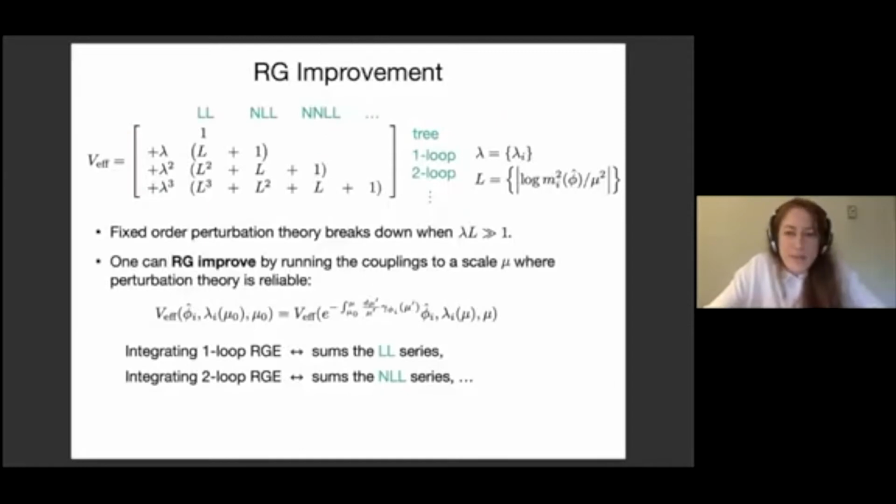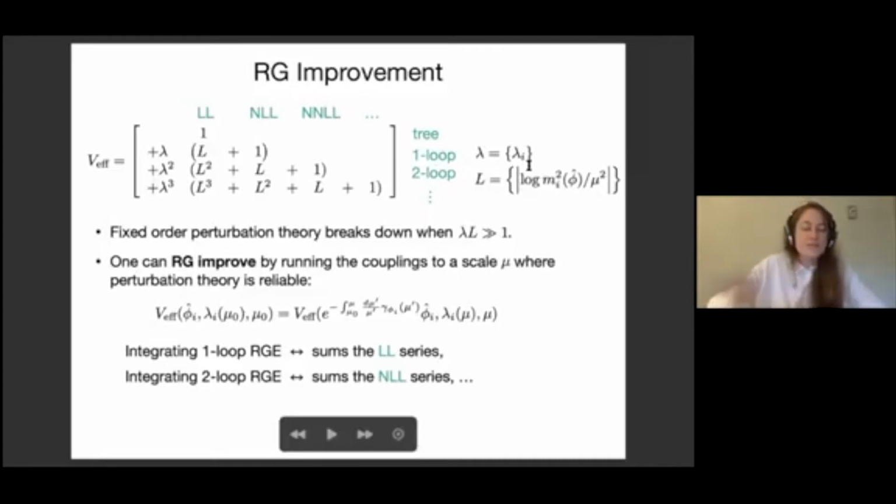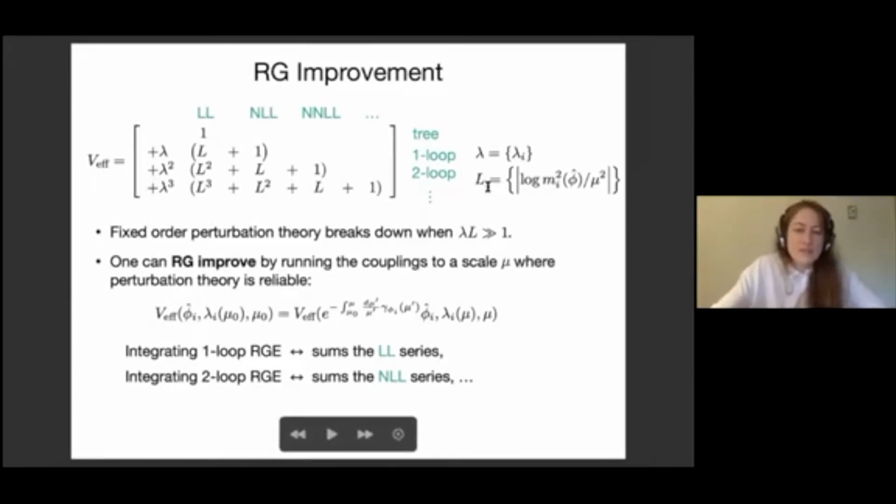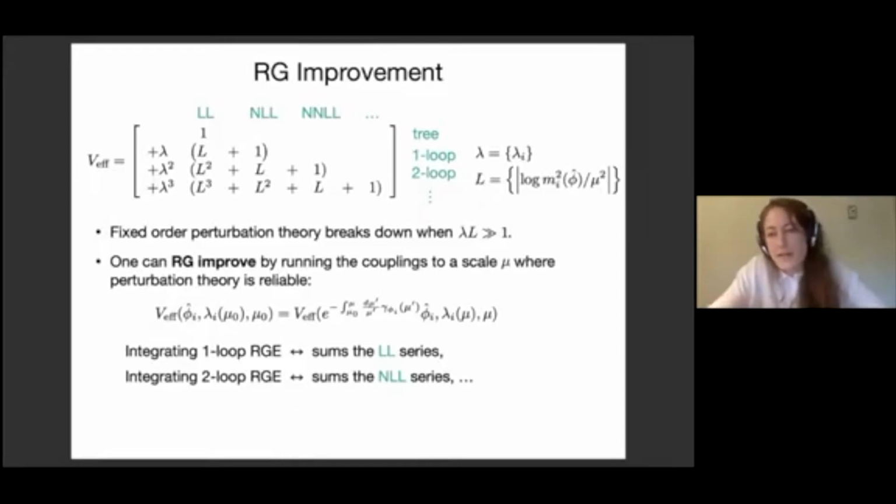So let's take a step back. I just gave you a fixed one loop order formula, but more generally, we can look at the perturbative structure of the effective potential. And so here, I'm going to denote by lambda just the generic set of couplings in the theory. So depending on what theory I'm looking at, maybe I mean the mass squared, some cubic coupling, quartic coupling, etc. And by L, I mean the set of logs in the theory that go into the Coleman-Weinberg formula.